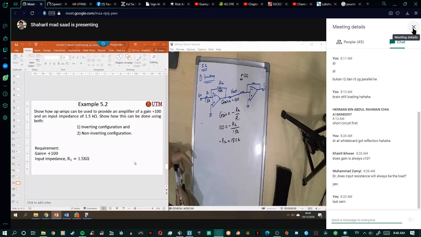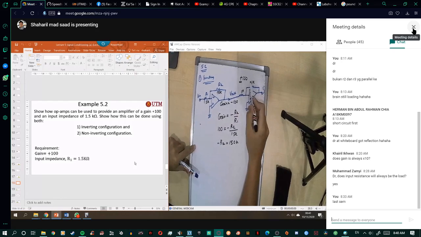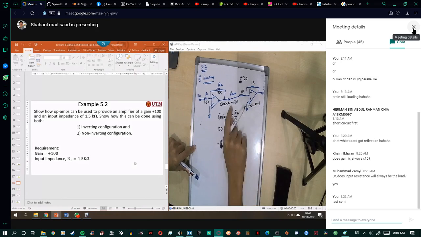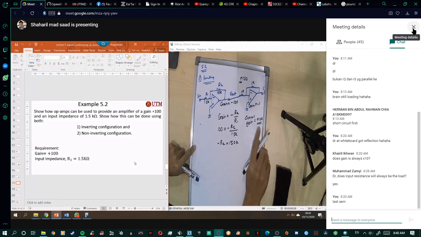For this one you can use any resistor, but they need to have the same value. For example, I choose 1k and 1k. So the gain here is minus 1. So overall gain is minus 100 times minus 1, we call it the overall gain, and we get plus 100.